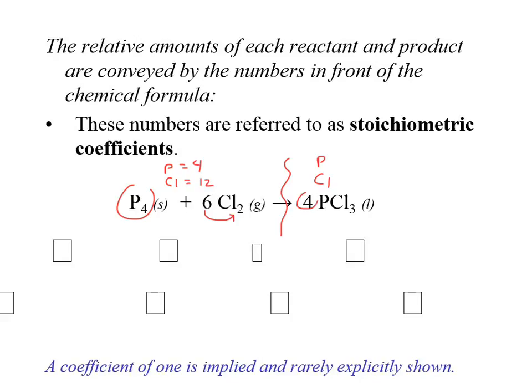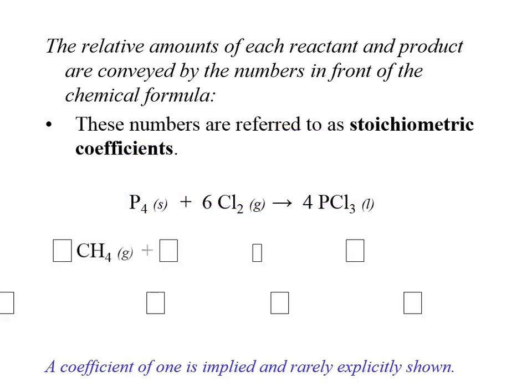Over here, I have to distribute this 4 to the P and this 4 to the 3 Cl's. So I'm liking 4 for phosphoruses and 12 for chlorines. That's what we mean when we say it's balanced. You just have to come up with that set of stoichiometric coefficients that makes it balanced.